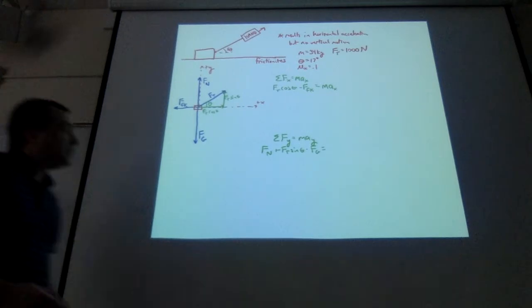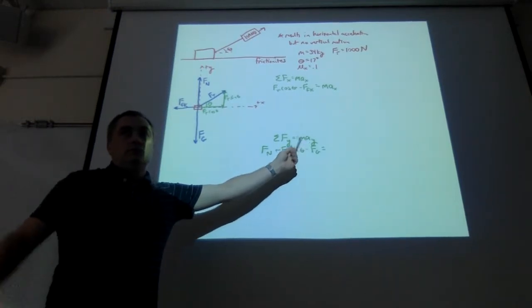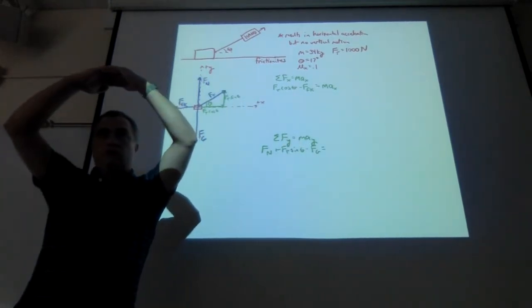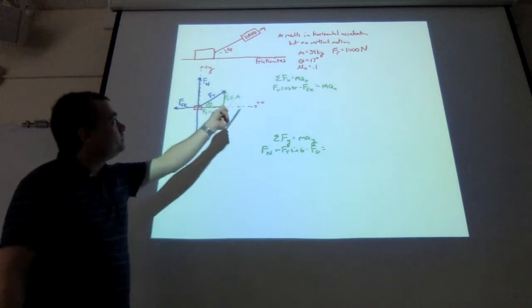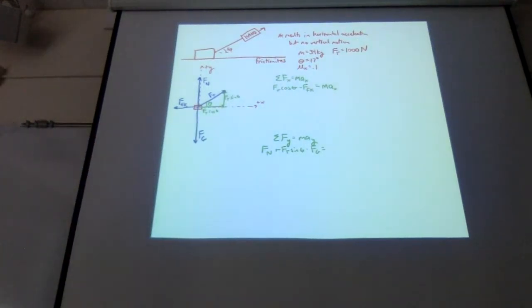What's up with the acceleration vertically? 0, right? The problem said no vertical motion. So this acceleration is 0. So the right-hand side of that equation is 0. Those are the two equations.